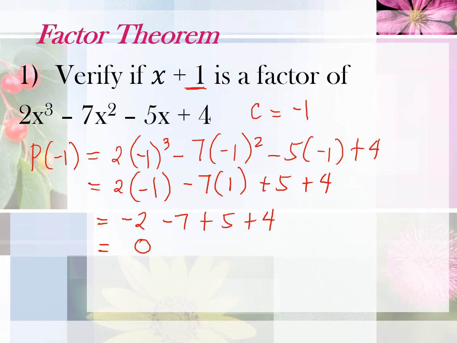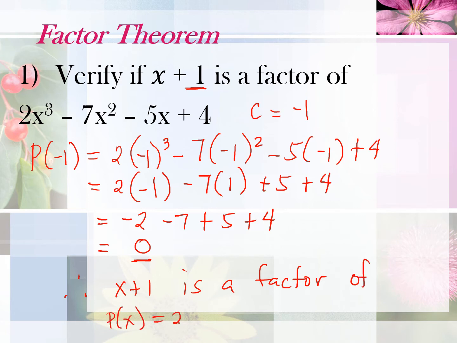So, since 0 is the remainder, it is proven that yung x plus 1 is a factor of P of x equals 2x cubed minus 7x squared minus 5x plus 4.